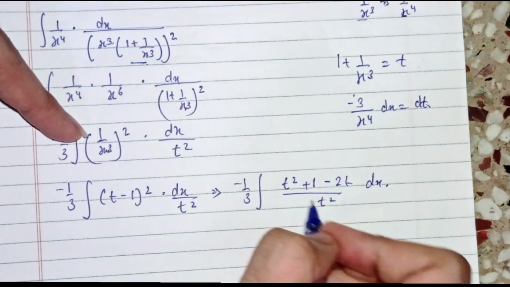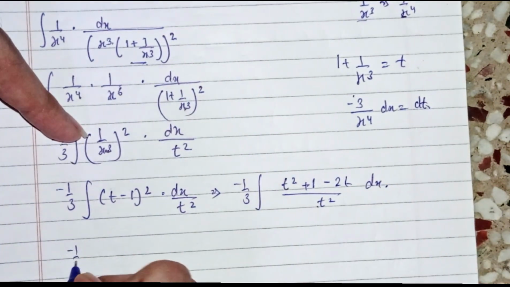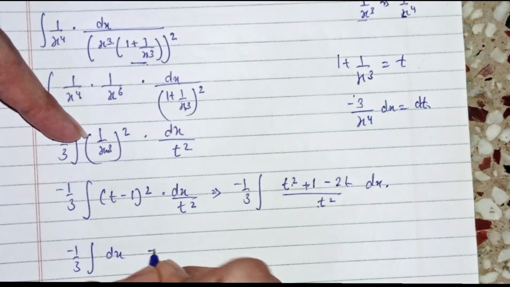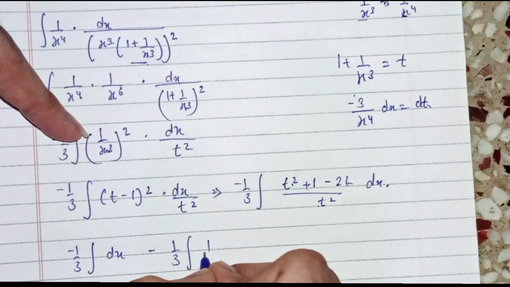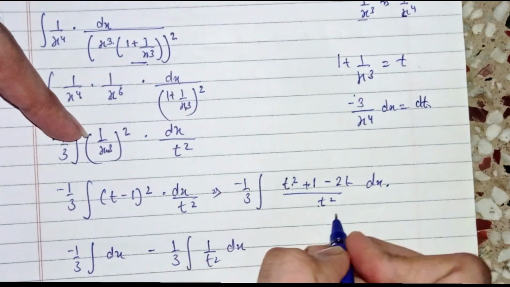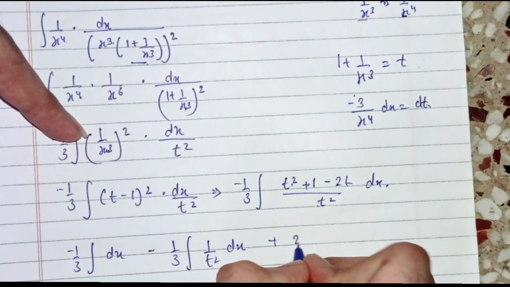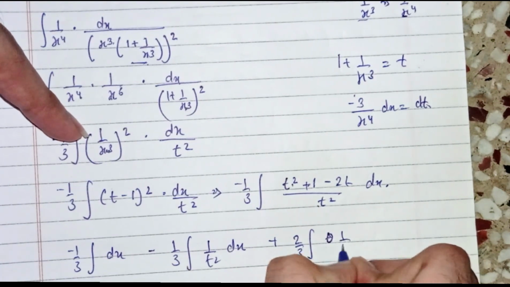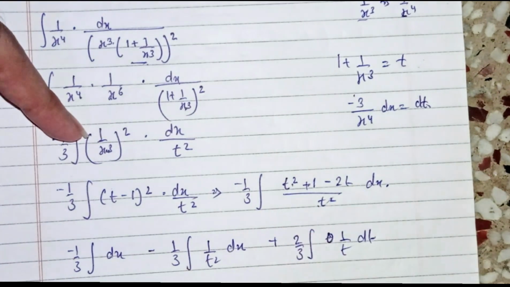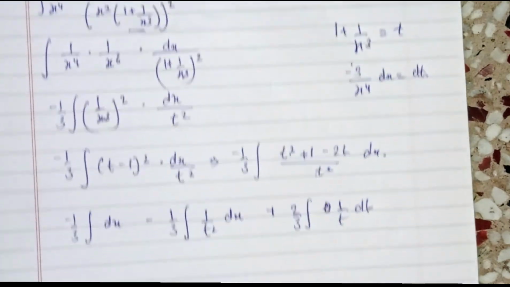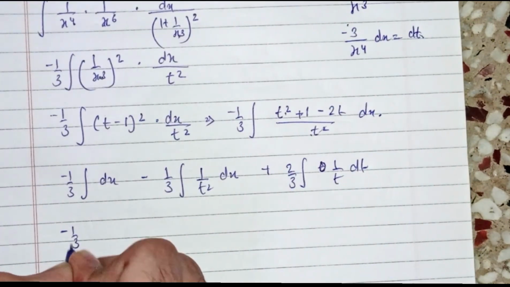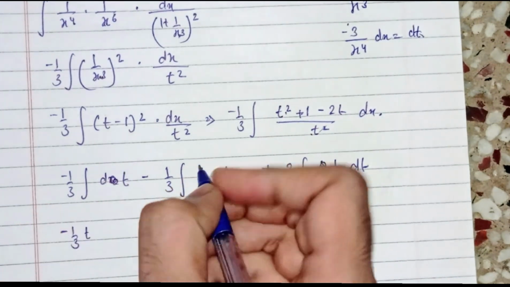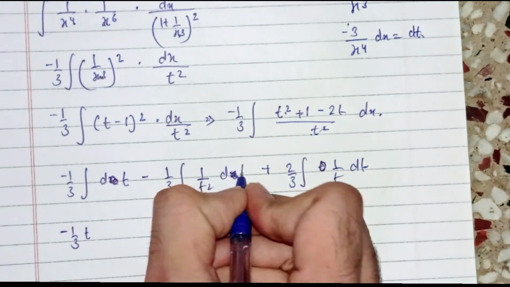Now I will separate it into 3 parts. So minus 1 upon 3 dx, t square gets cancelled. Minus 1 upon 3 times 1 upon t square dx, and minus minus plus 2 upon 3 integration of t upon t square dt, so t and square cancel. So integrating it, minus 1 upon 3, sorry, I have written dx here, it will be dt.